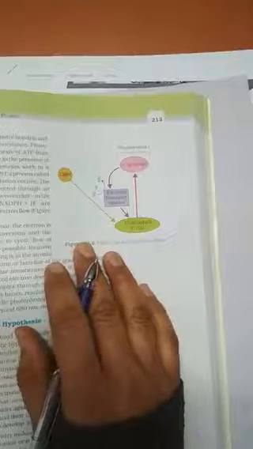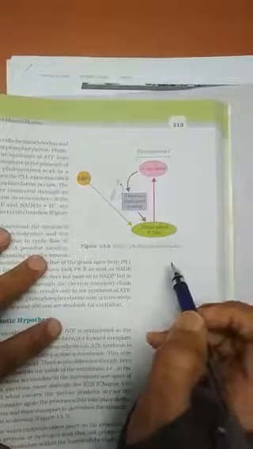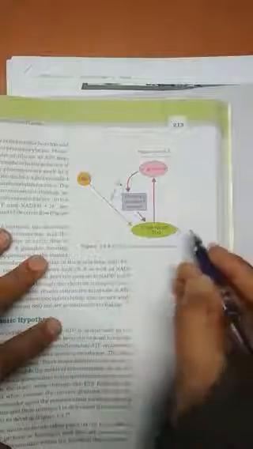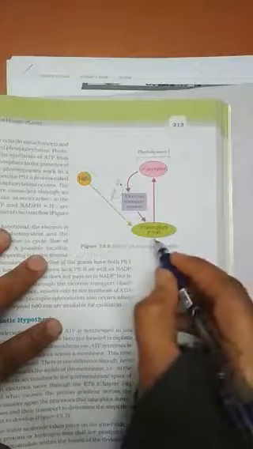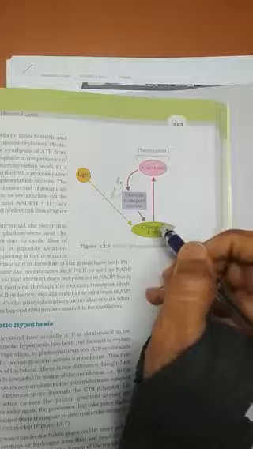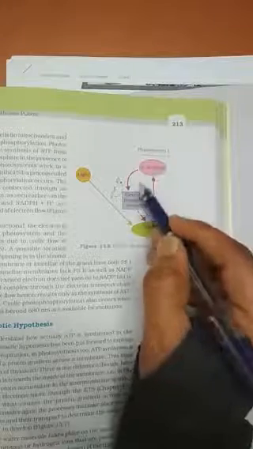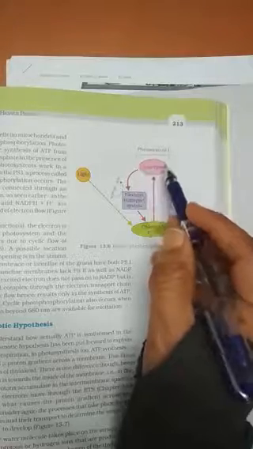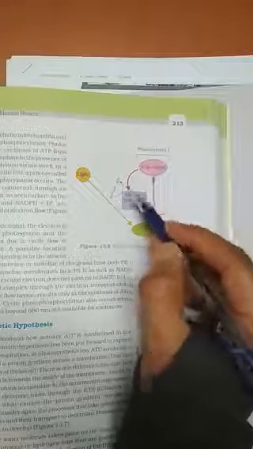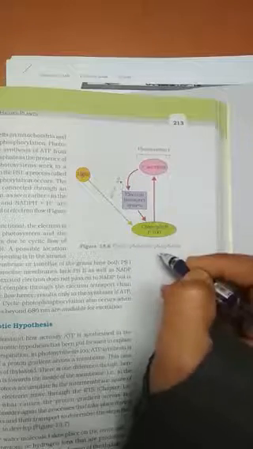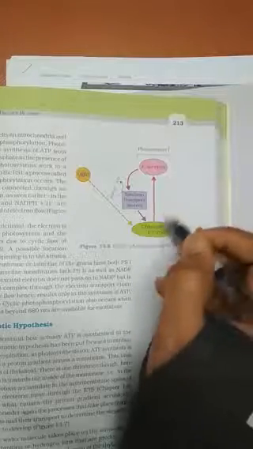This is given in your book. This is cyclic photophosphorylation: light and chlorophyll P700. Here the electron transport system, after the electron is accepted by the electron acceptor, comes again into the chlorophyll. The cycle is complete.